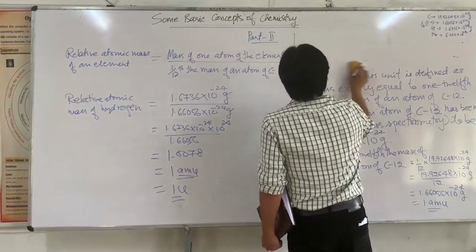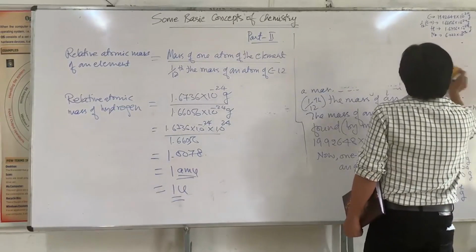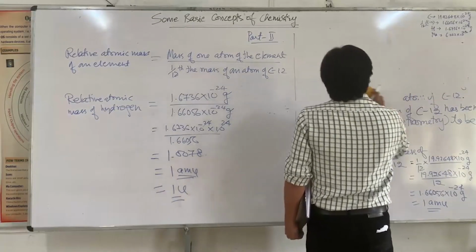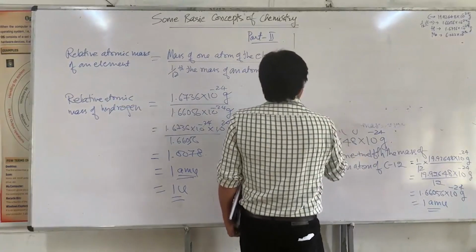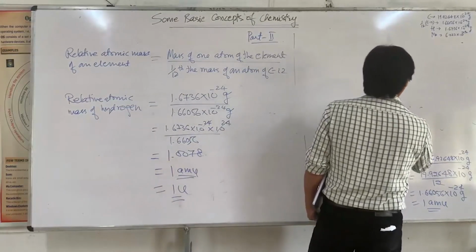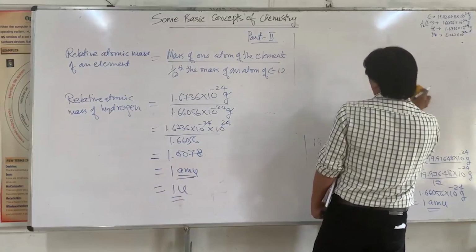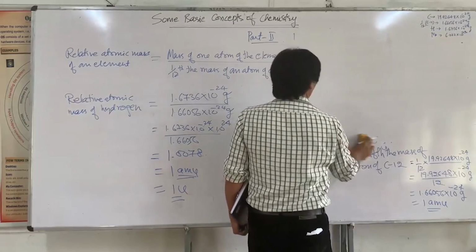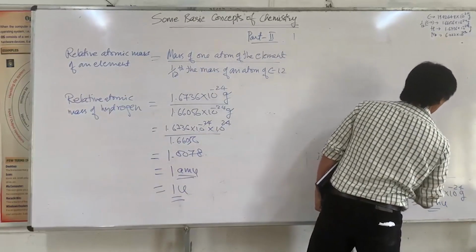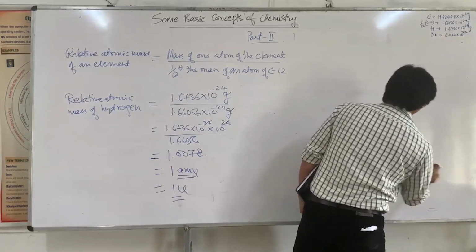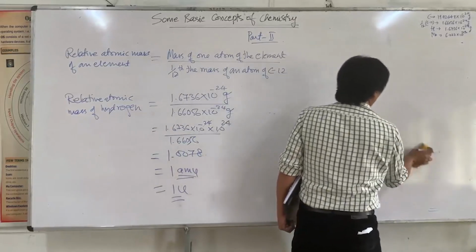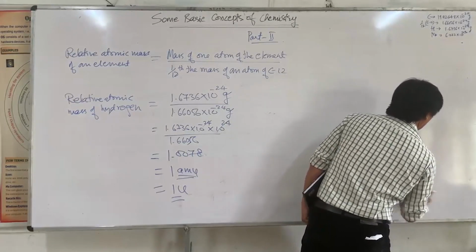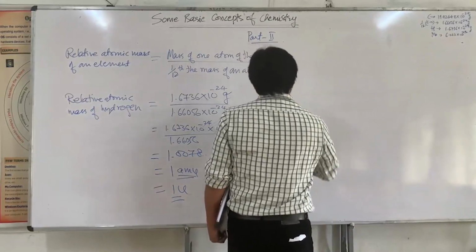Average atomic mass. Now, many of these elements exist in the form of two or more isotopes.